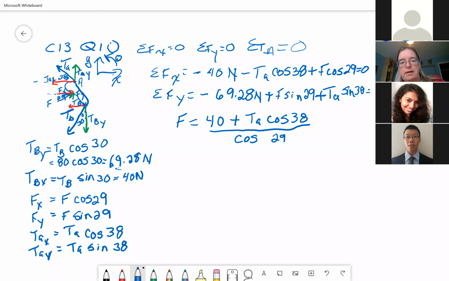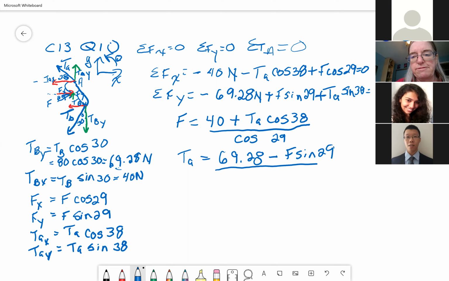And from the second equation, Fy, I could see that TA equals 69.28 minus F sine 29, all divided by sine 38.